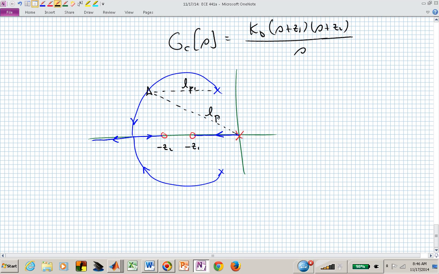Let's call that L sub P sub 0. We also have this distance to compute. Let's call that L sub P sub 2. And we have the distances from these two zeros, LZ1 and LZ2.